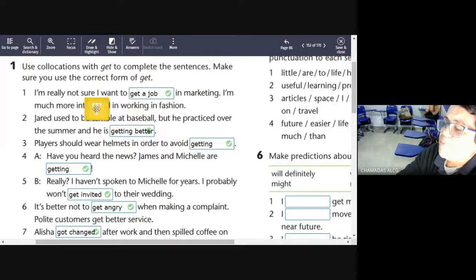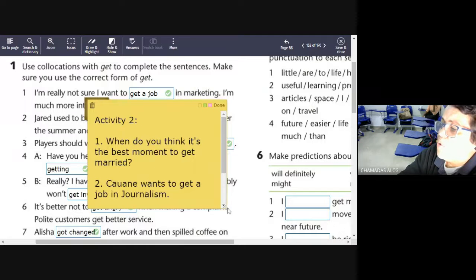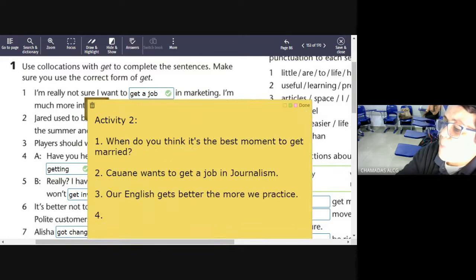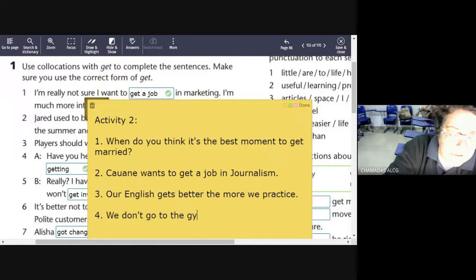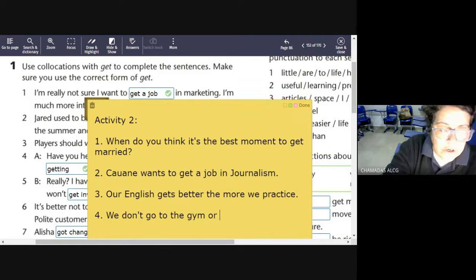Does anybody here practice any sport, or do you go to the gym? No. I don't. So we can say here, we don't go to the gym or play sports.